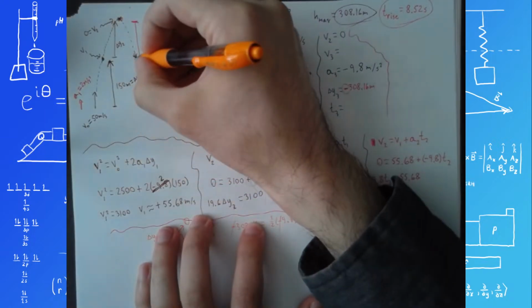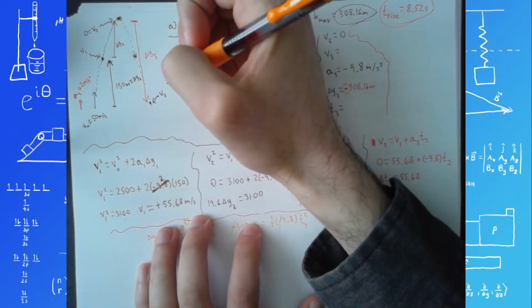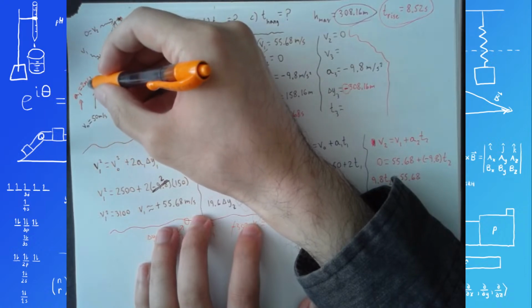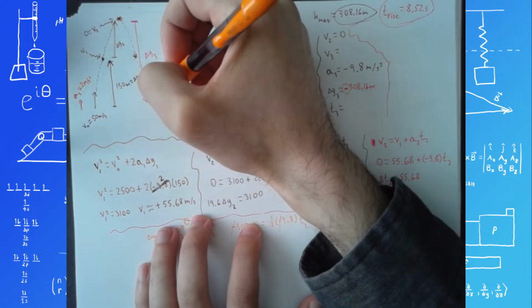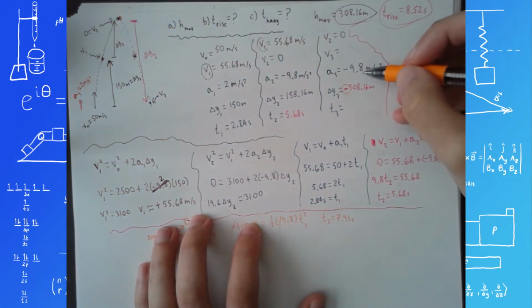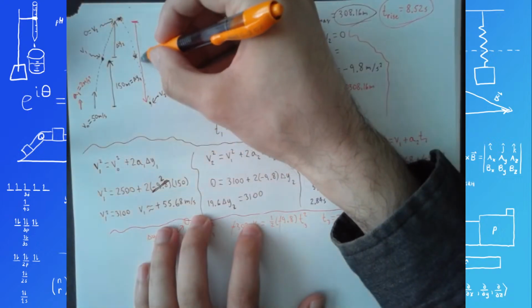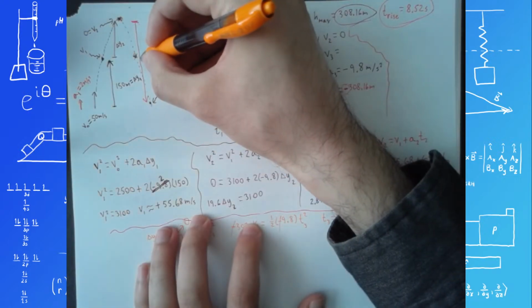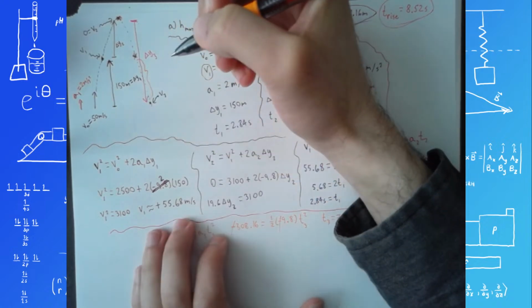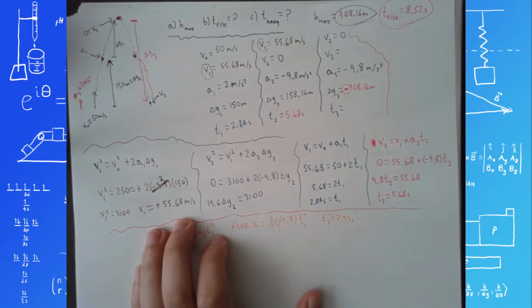And for the second part of T3, well, if you compare it to the first phase had an overall acceleration of 2, while the second phase has an overall acceleration of 9.8. So just comparing the accelerations, you would expect this last bit over here to occur much quicker.